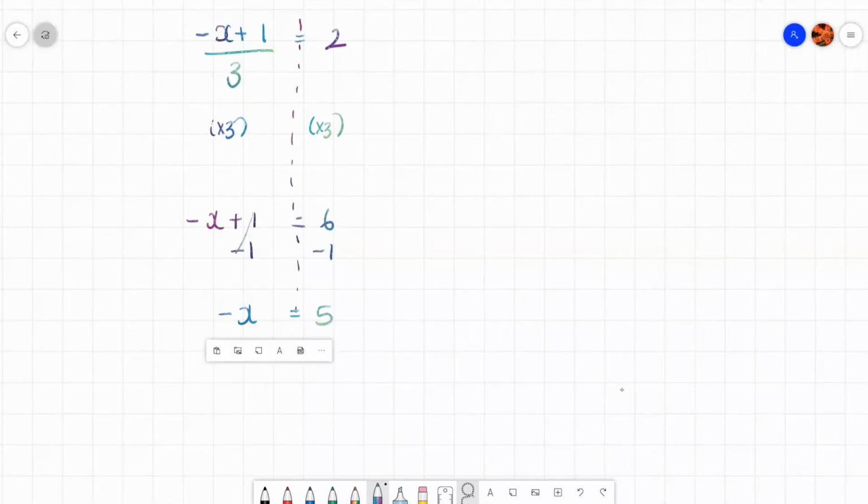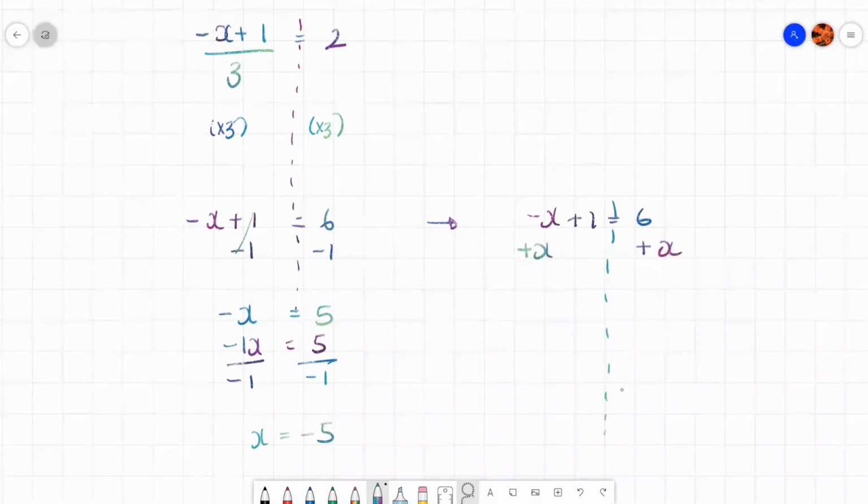A bit of a problem. That actually means minus 1x equals 5. I need to get rid of times by minus 1 by dividing by minus 1. Minus 1 divided by minus 1 is just positive 1x, so just x. And 5 divided by minus 1 is minus 5. Or what I could have done is get rid of the x first by adding x, so it turns into a positive.